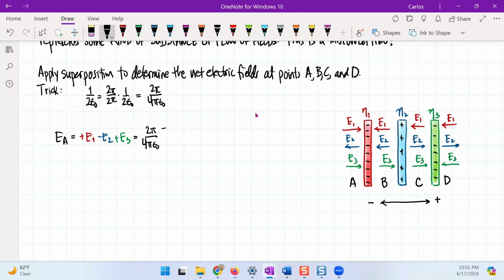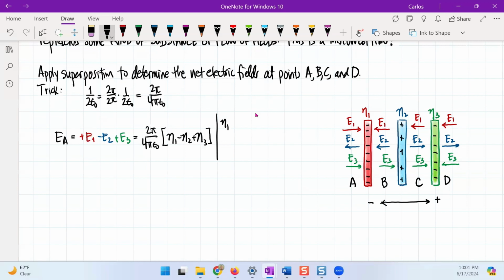And so this then gives me eta 1 minus eta 2 plus eta 3 with that sign convention. Now note, we have employed the vector nature of the E fields. So when I look at these, I'm only looking at the magnitudes.